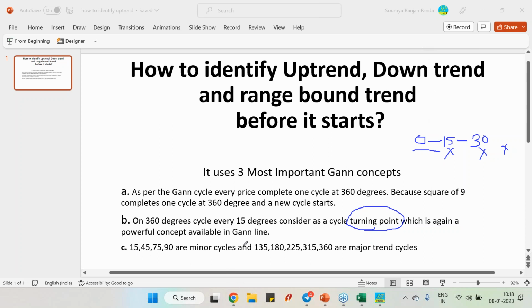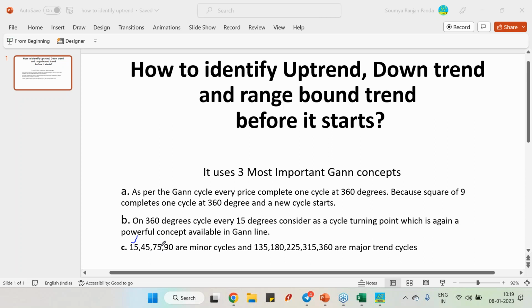Here these turning points are grouped into two parts. One is the minor turning points, meaning it has only that much energy. The minor turning points are all multiples of 15: 15 into 2 is 30, 15 into 3 is 45, 15 into 4 is 60, 15 into 5 is 75, then 6 is 90.